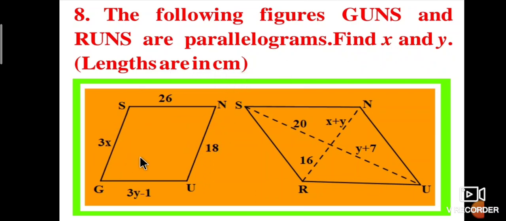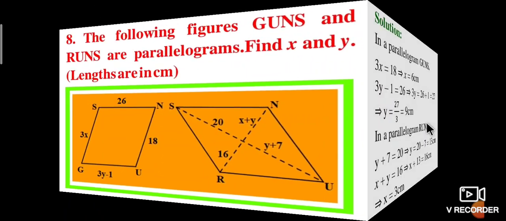Observe the figures, students. First one is GUNS. The side length of this one is 3y minus 1, the side length of this one is 18, the NS is 26 centimeters, and similarly GS is 3x. Like that, we have to find the values of x and y in these two figures.